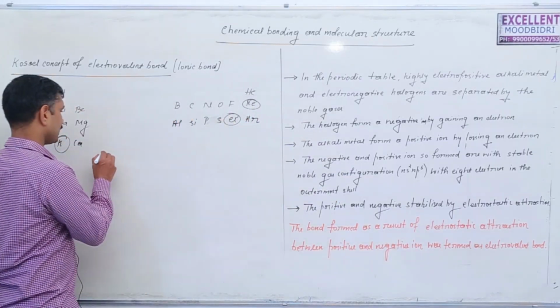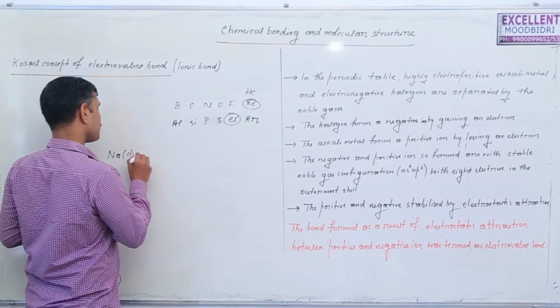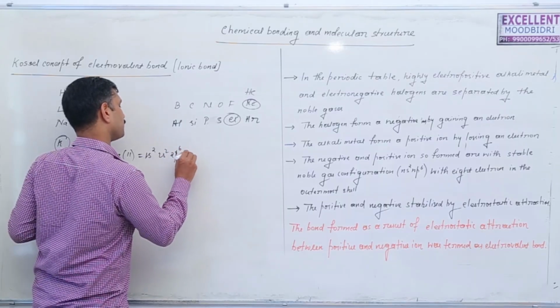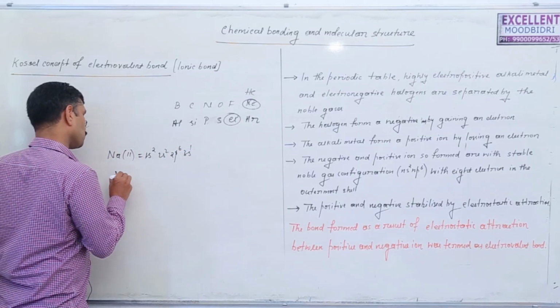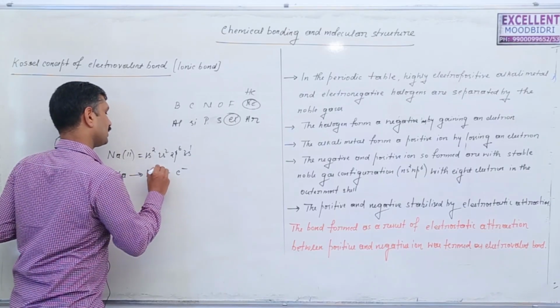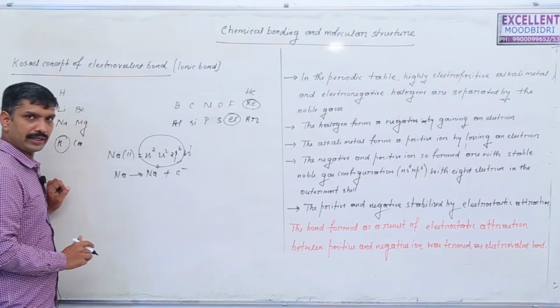As a simple example, I take sodium. Sodium has atomic number 11, and its configuration is 1s2, 2s2, 2p6, 3s1. Sodium has a high tendency to lose one electron, forming Na plus, which attains a stable electronic configuration after formation of the cation.